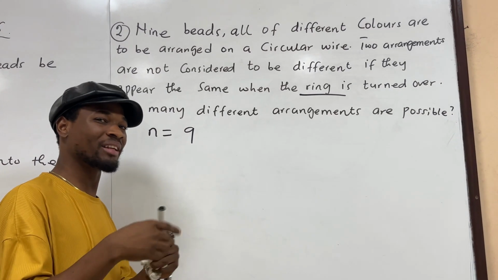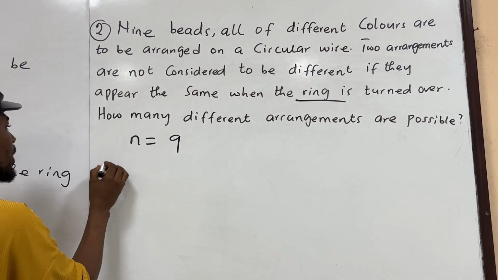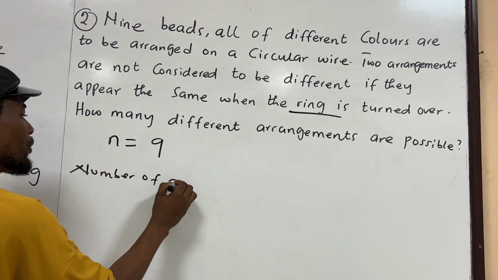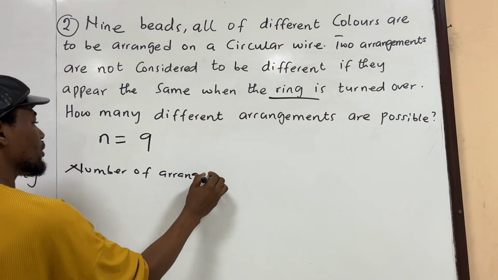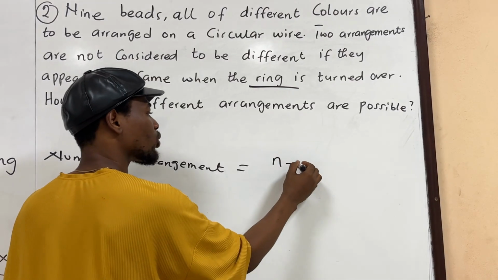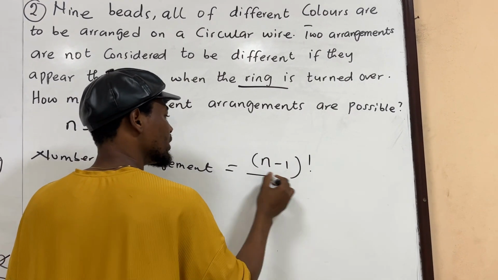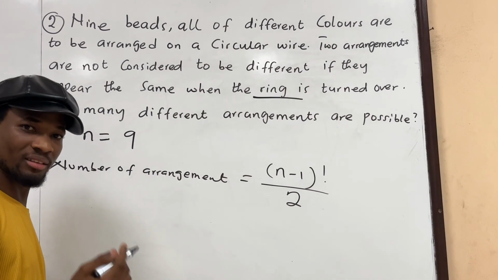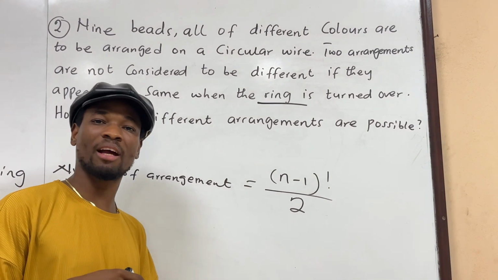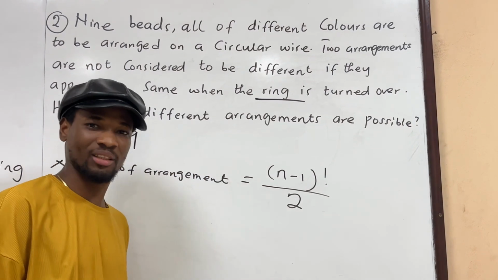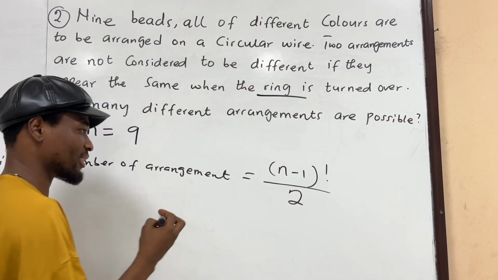So when you have it that way, then we say the number of arrangements is given by n minus 1 all factorial divided by 2. Viewers, go and visit my previous lecture videos. I started this from the very introduction and explained all these things. We are only solving questions.